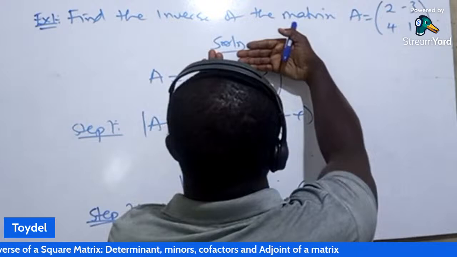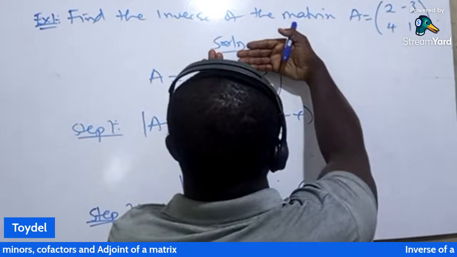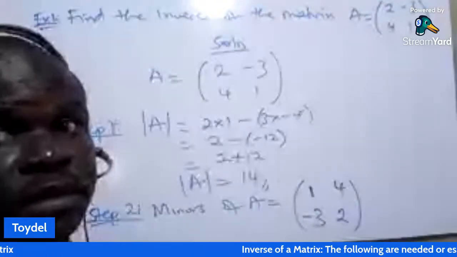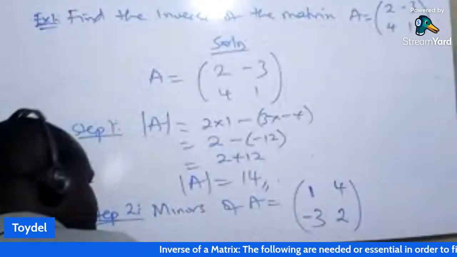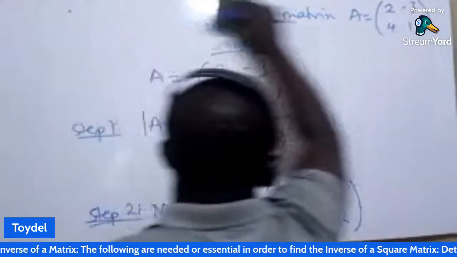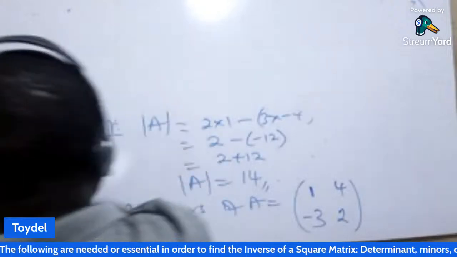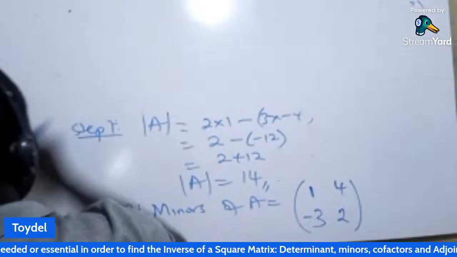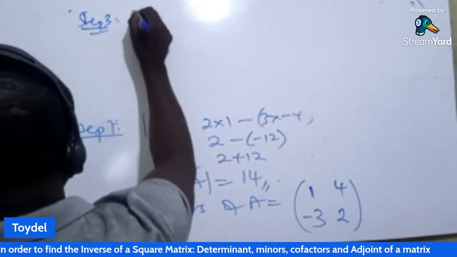First column of the matrix. So this represents the minor of the matrix. So this is the minor of the matrix. So we have gotten the minor of the matrix. So we can go ahead and find step 3 and find the cofactors.